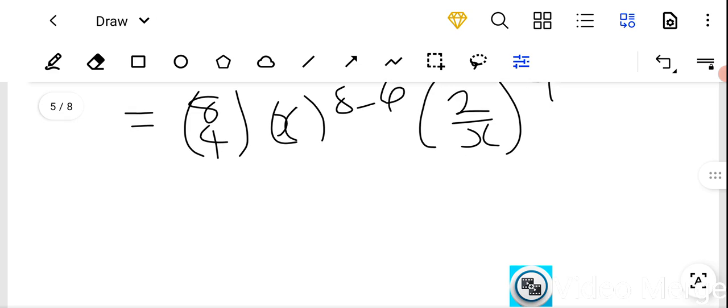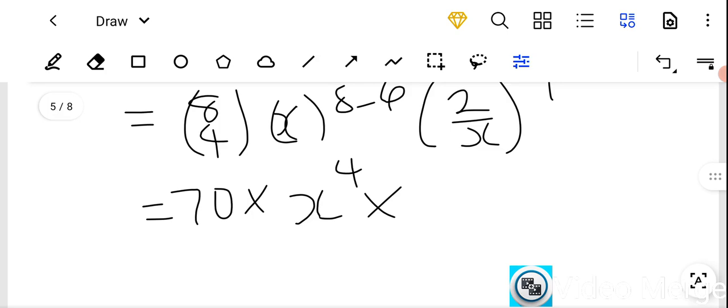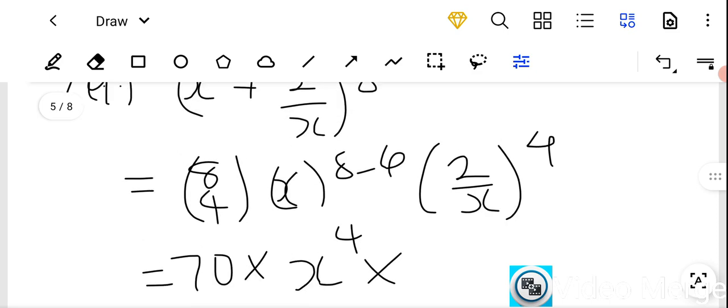So on your calculator, 8 choose 4 is 70. So it's going to be equal to 70 times x to the power 8 minus 4, which is x to the power 4, times 2 to the power 4, which is 16, over x to the power 4.